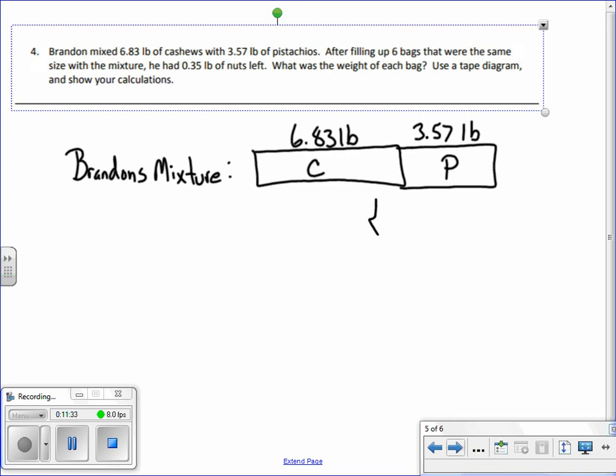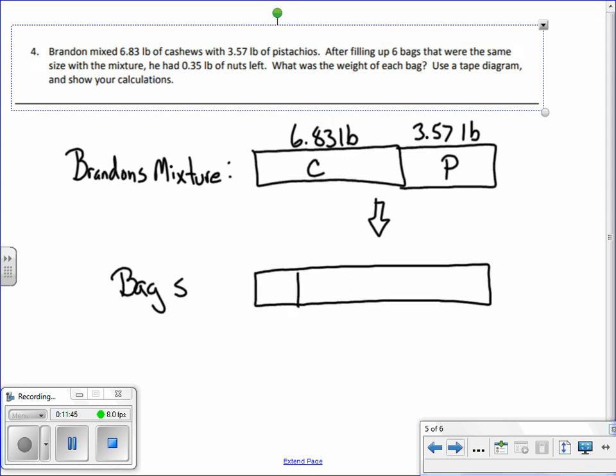And then we want to put that mixture into bags. It said it was 6 bags. So bag 1, bag 2, bag 3, bag 4, bag 5, and bag 6. And at the end, he has 35 hundredths of a pound left. So he didn't use it all.